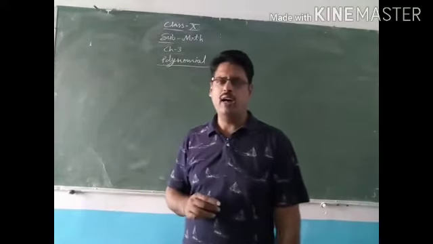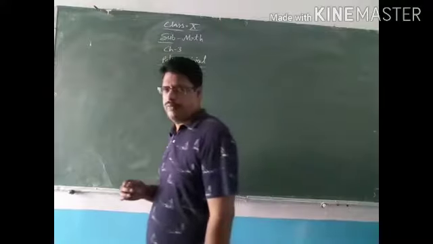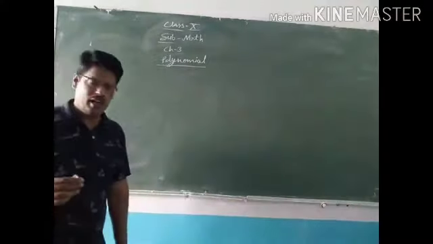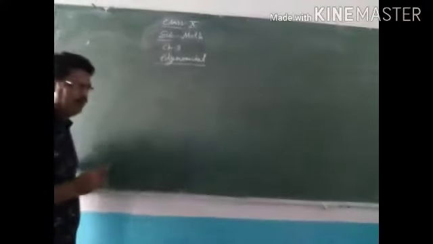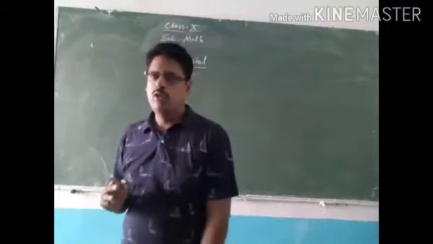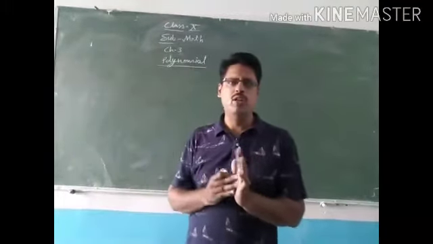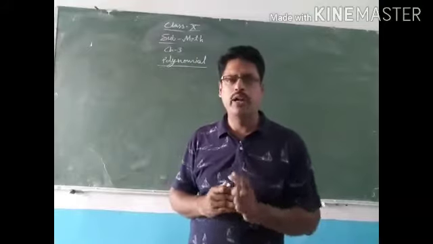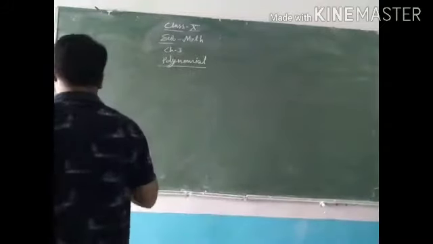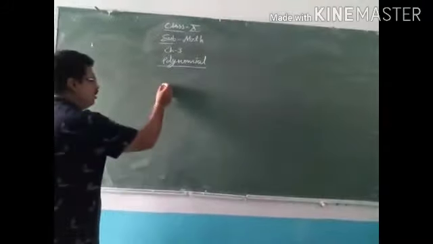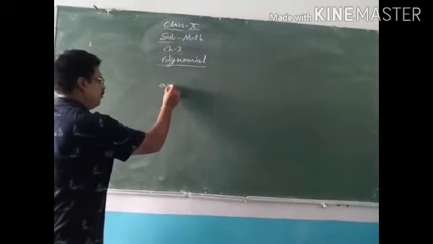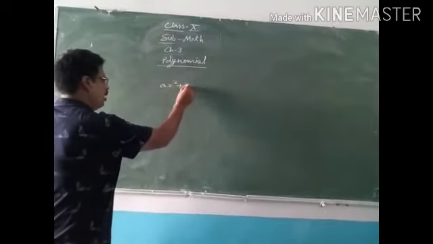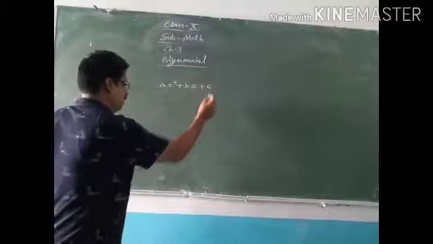So let me start today. We have to take another example. By example I will explain what is the relation between zeros and coefficients of a quadratic polynomial. Okay, so the standard form of a quadratic polynomial is ax square plus bx plus c.